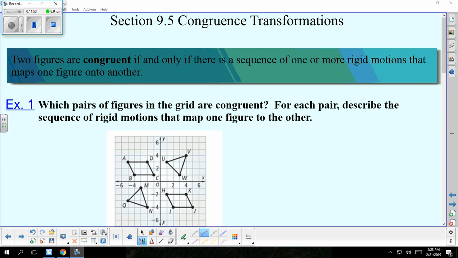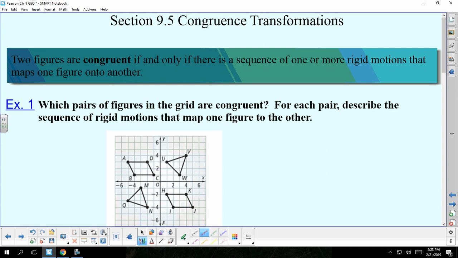All right, so we're going to continue on with 9.5, congruence transformations. So it turns out all the stuff we learned in chapter 4 about proving polygons and triangles congruent, the side angle side, all that kind of stuff, there's an easier way.